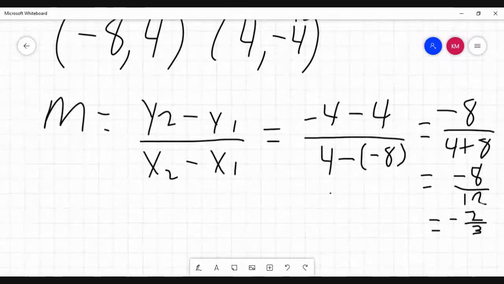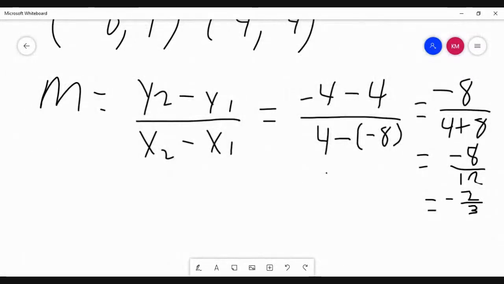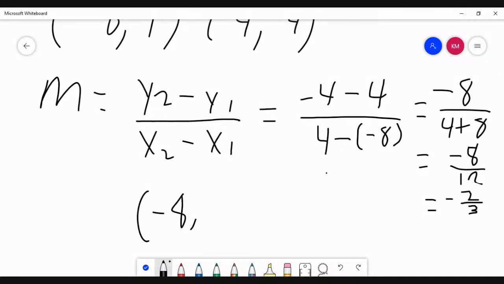So now, negative 8, comma 4, that's my x1, y1, and my slope is a negative 2/3.